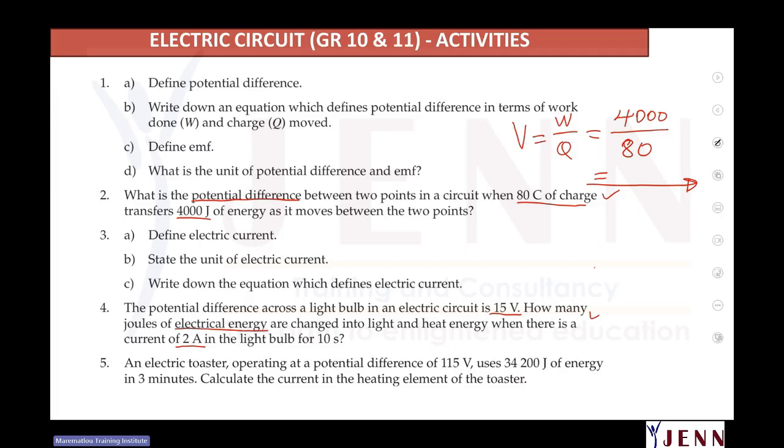What we are given here is V, which is the potential difference across the bulb. We are looking for capital letter W, which is the work done.